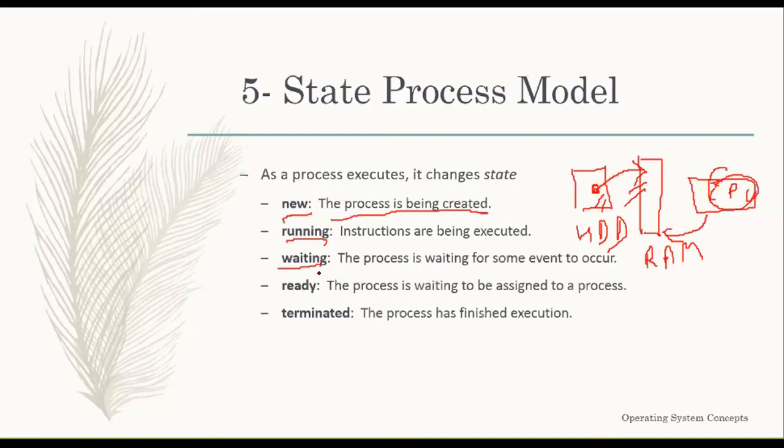Due to a certain event occurrence, it moved from running to waiting. Then we have the ready state. When a process is in RAM and is ready to move into the CPU, it is known as the ready state. And the last one is the terminated state. When a process is completed and exits, that is known as the terminated state. So we have five different states.